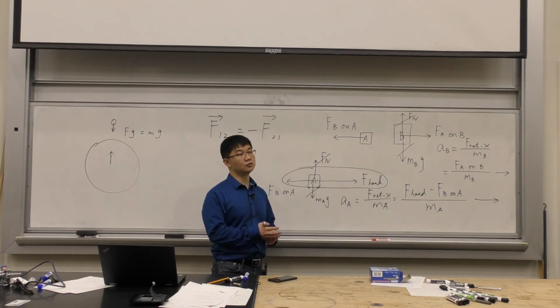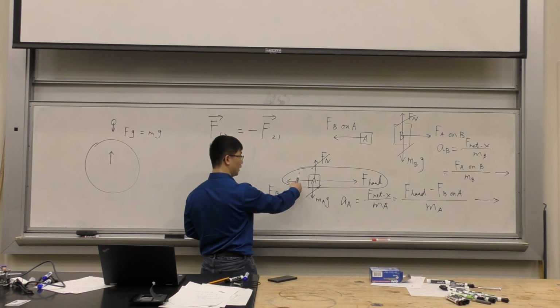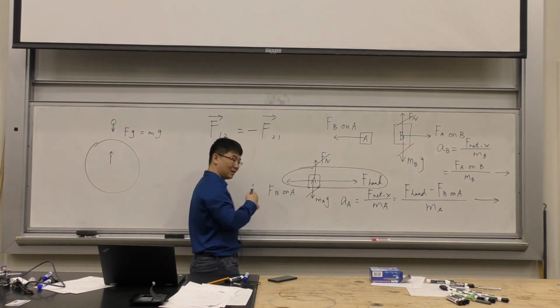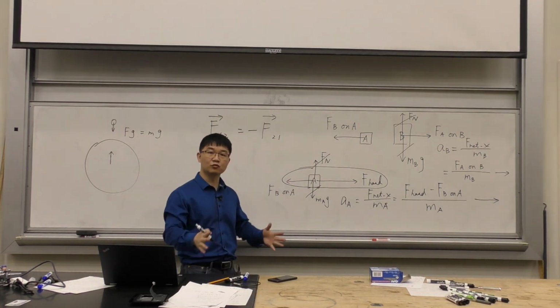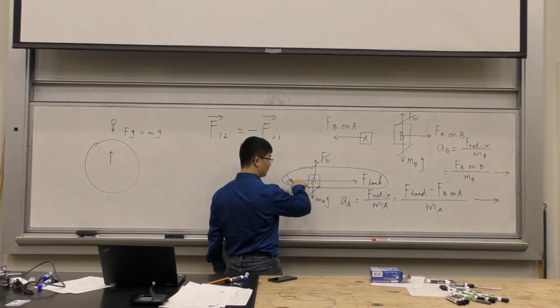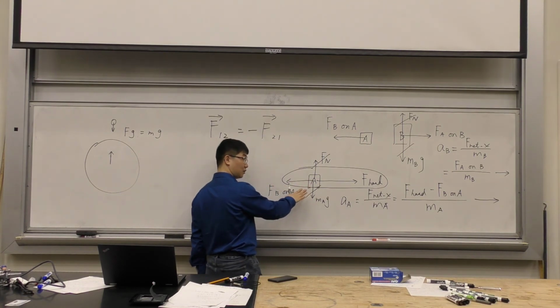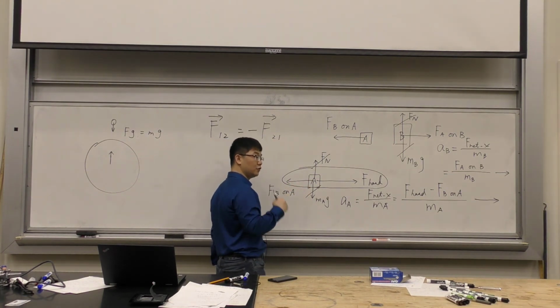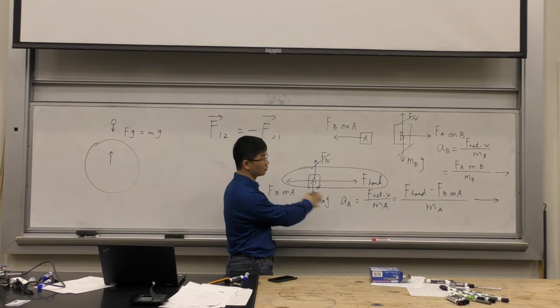No, because you need to consider all the forces. B has a force on A, pushes it back. That's what Newton's third law tells us. Nothing wrong about it, but there's another force in the opposite direction which comes from the hand. Imagine if you don't apply a force to this system, they're not going to move to the right together.